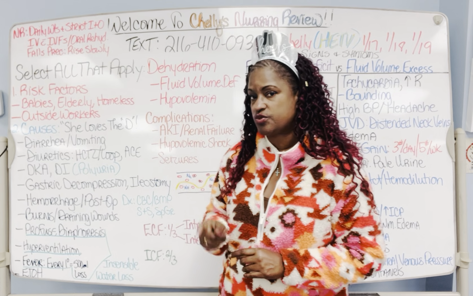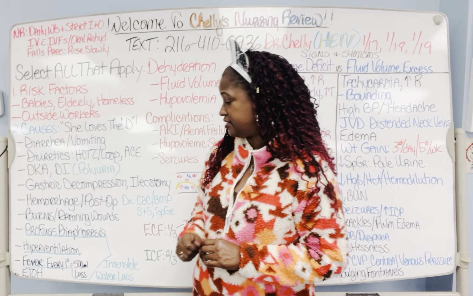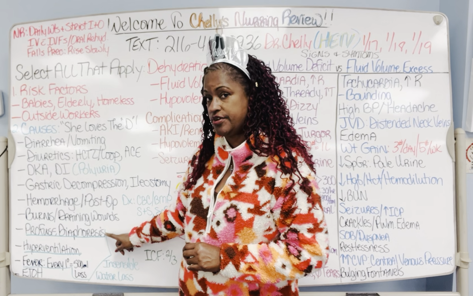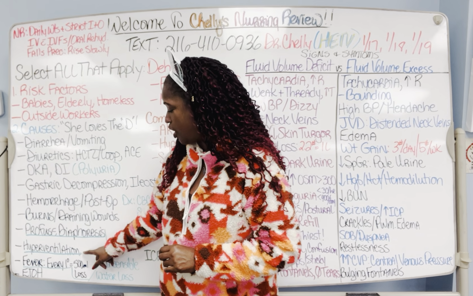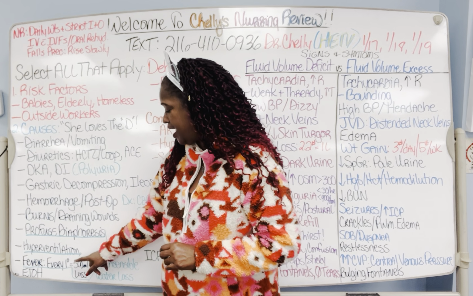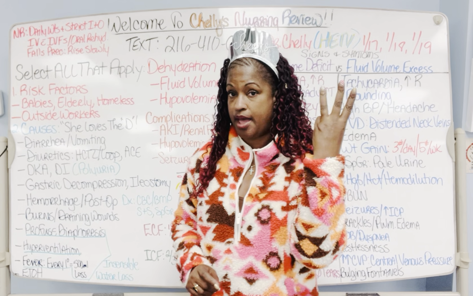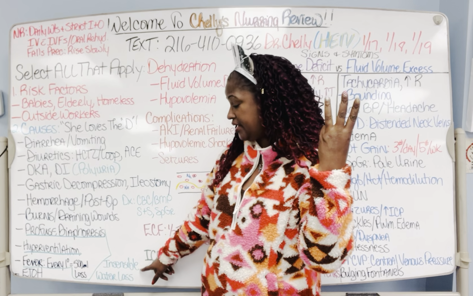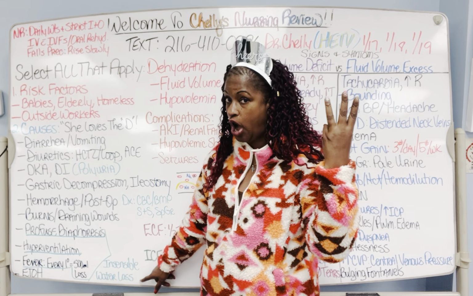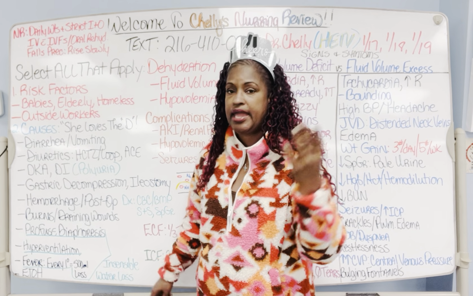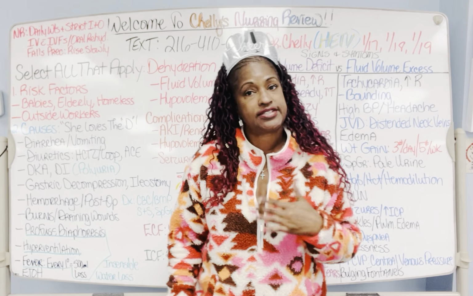I want to keep these three together. Hopefully you're writing some things down. Profuse diaphoresis, hyperventilation, and fever. These three make up insensible water loss. It means I can't measure it. So I'll say it again.